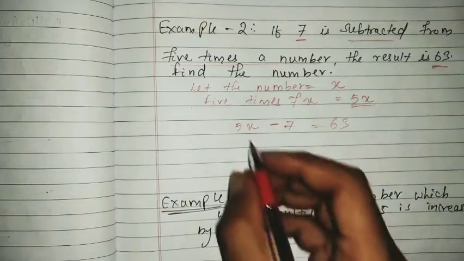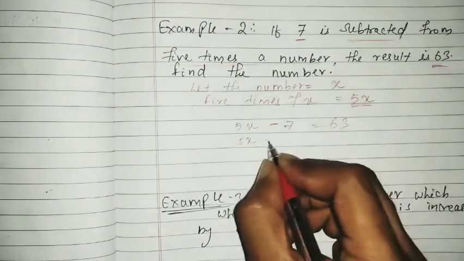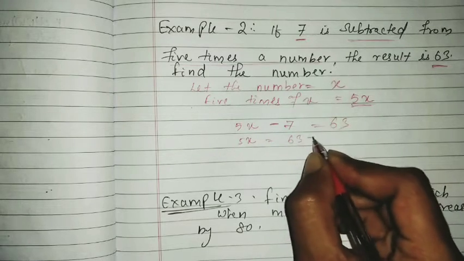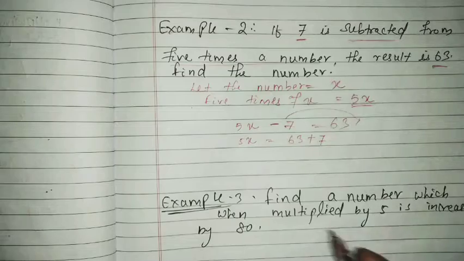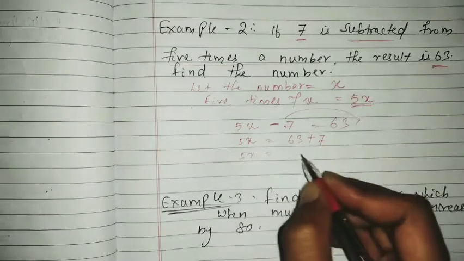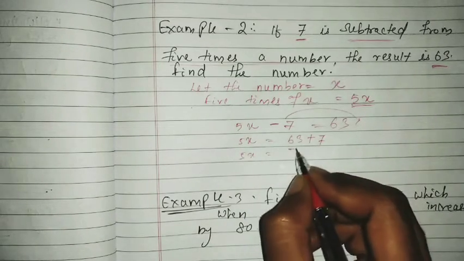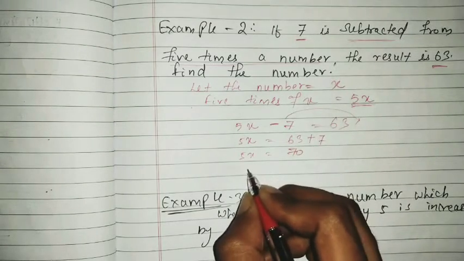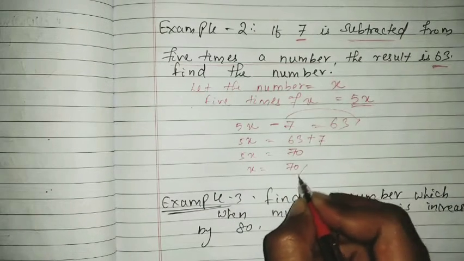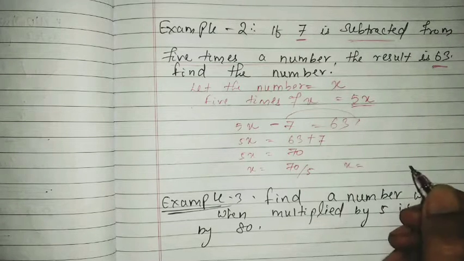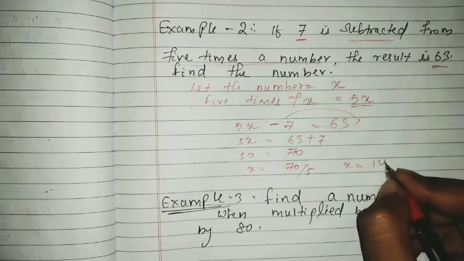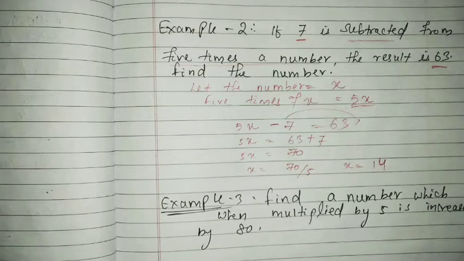Now solve this equation. 5x is equal to 63 plus 7, so 5x is equal to 70. So x is equal to 70 by 5. So what is the value of x here? 14. Clear?